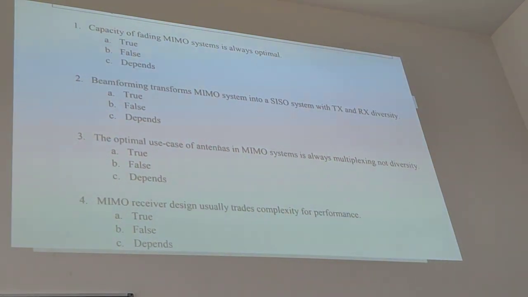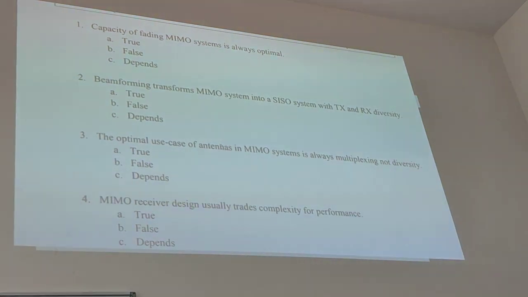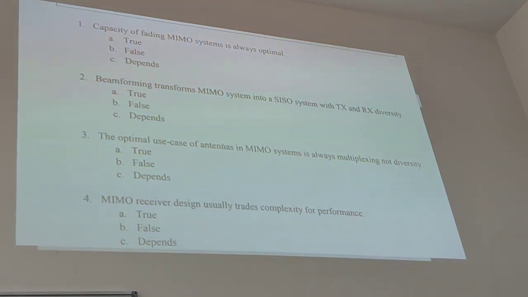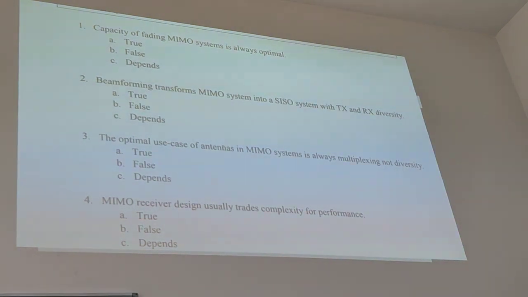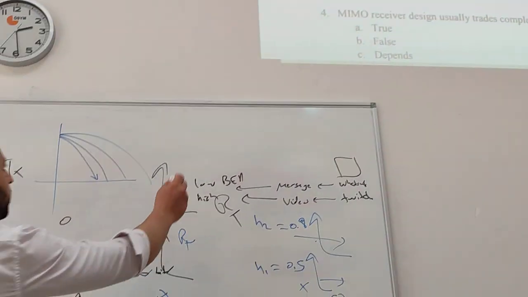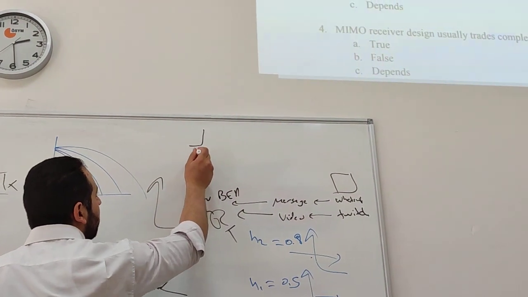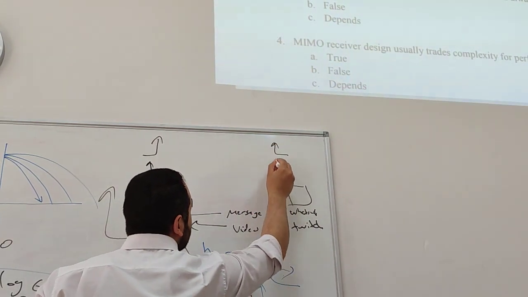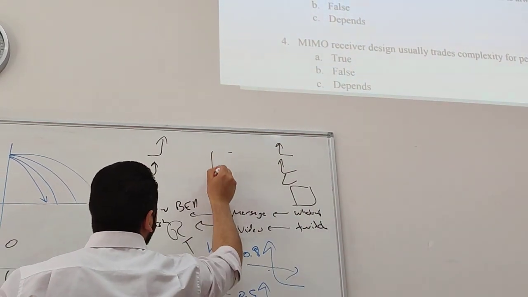This question I need to modify a little bit and be more specific by saying singular value decomposition beamforming. I cannot make it generic like this. It has to be singular value, because in this case, when we have a MIMO system, you have multiple antennas here, and you have multiple antennas at the receiver, and you have channel H here.